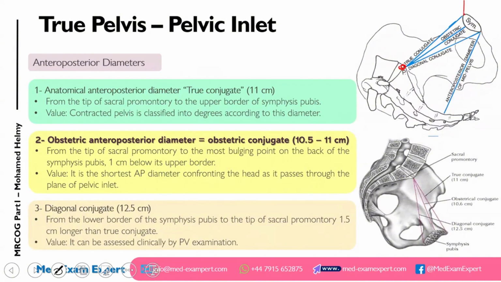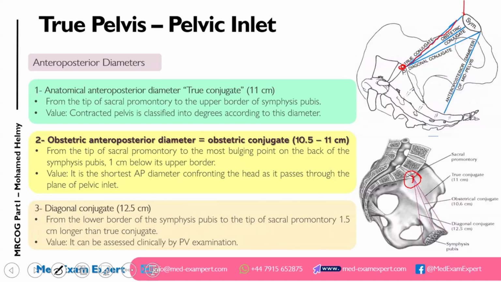We call this line the true conjugate, from the tip of the sacral promontory posteriorly. And by the way, this is a common point for all diameters. For all three anteroposterior diameters, we have one common point posteriorly, which is the tip of the sacral promontory.